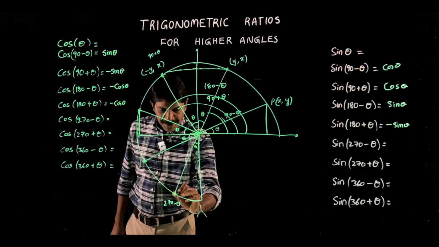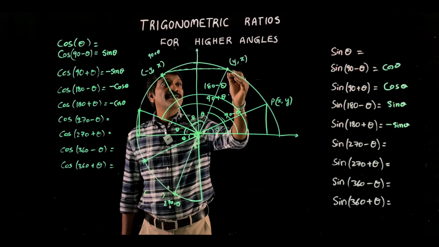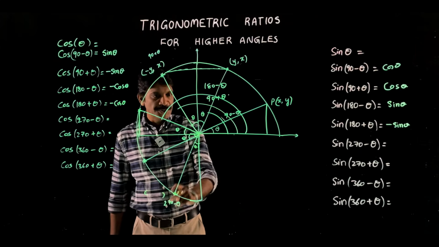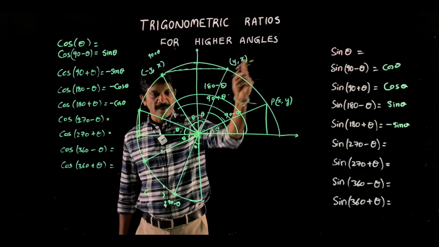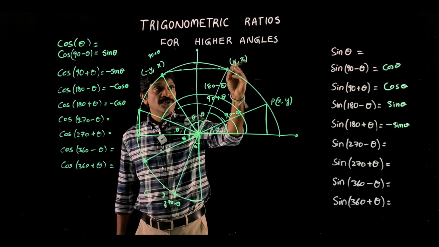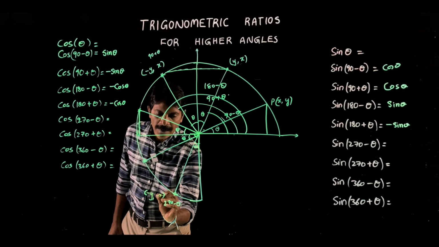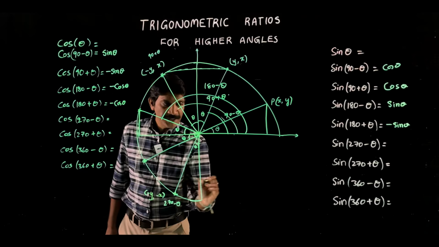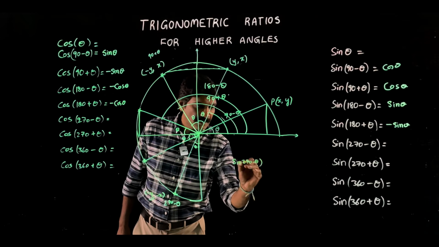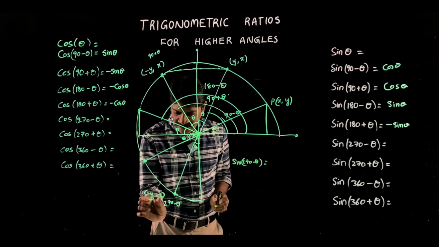So for 270 minus theta, the coordinates will be the reflection of y comma x with respect to the origin, exactly opposite to y comma x. This is in the first quadrant, this is in the third quadrant. So the same coordinates with a negative sign will come, minus y comma minus x. For the point 270 minus theta, by looking at the coordinates we can say its sine value.